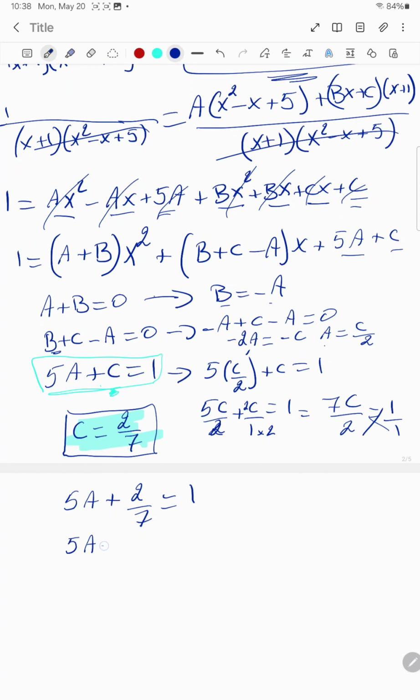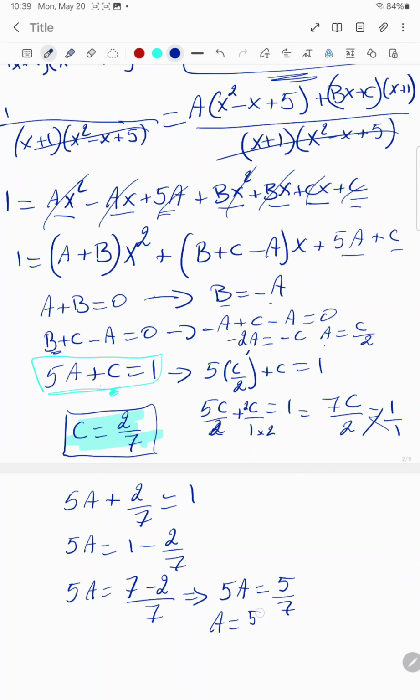So 5a is equal 1 minus 2 divided by 7. So 5a equals 7 minus 2 divided by 7. So 7 minus 2 is 5. That means 5a is equal 5 divided by 7.